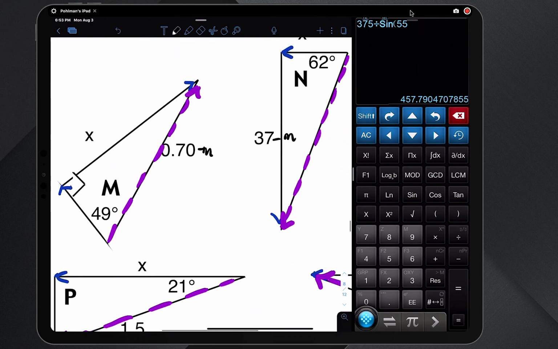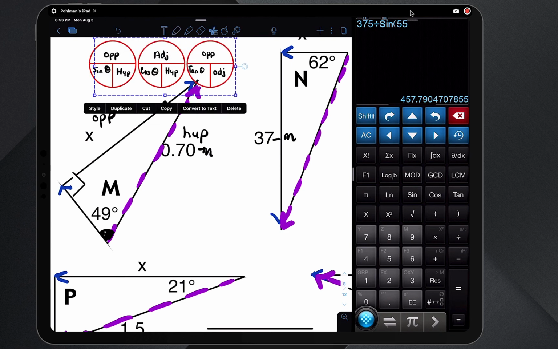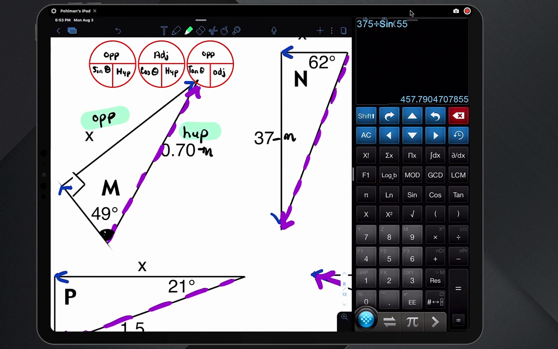Letter M, you have your angle right here. The X is the opposite side. The 0.7 is the hypotenuse. So from our list, we know opposite, hypotenuse, I'm working with sine. I'm trying to solve for the opposite side, so I'm going to have to multiply those two values together.